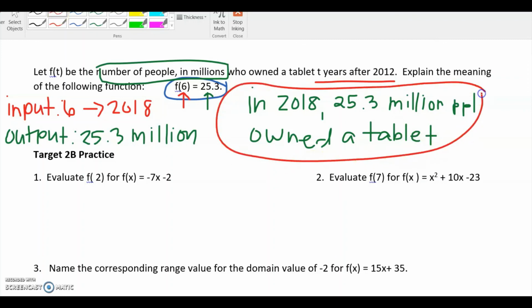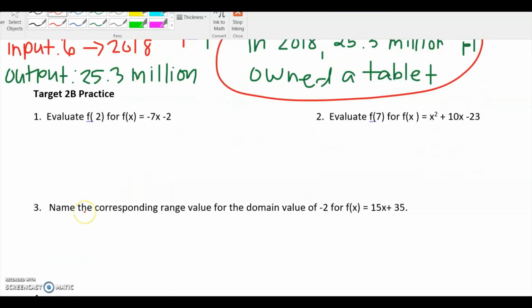You're taking that function that they gave you, the 6 is the input and the 25.3 is the output, but you can't just say input 6, output 25.3. You have to put that in context of the problem. Our output was the number of people in millions who owned a tablet, and our input was the certain year after 2012. So we had our input of 6, which meant we were looking at 2018, and the output of 25.3 is telling you that it's going to be 25.3 million.